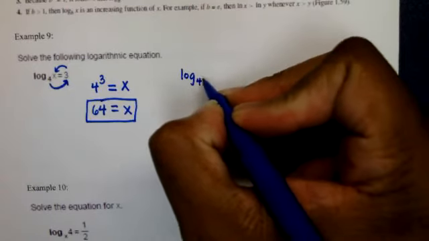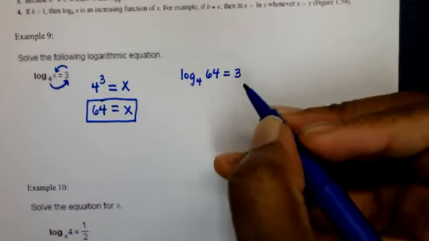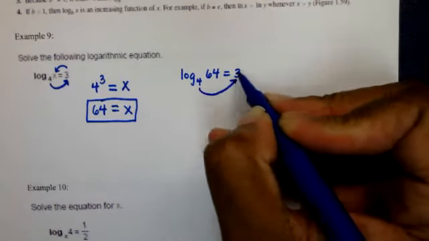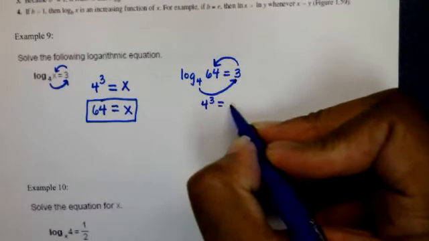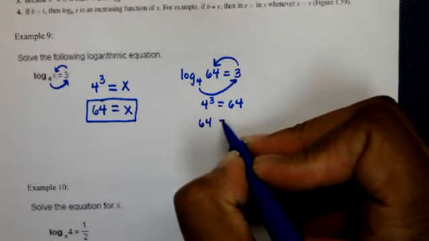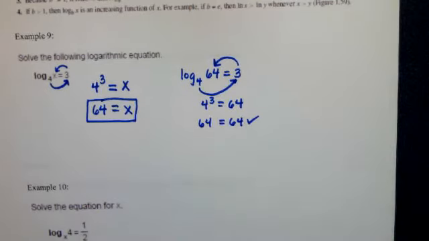Log to the base 4, we replace the x with 64, must be equal to 3. Convert that to its equivalent exponential form. 4 to the third must equal 64. And then 4 to the third is 4 times 4 times 4 is 64. So this checks. So 64 is the solution to that logarithmic equation.